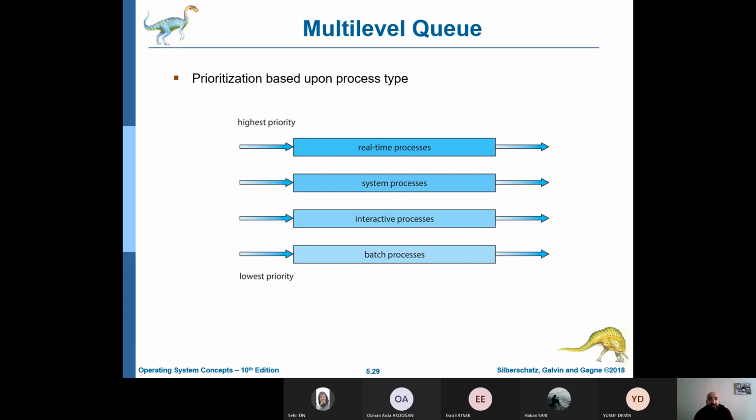A multi-level queue scheduling algorithm can also be used to partition processes into several separate queues based on the process type. Not only the priority, we can also use process types for that. For example, a common division is made between foreground or interactive processes and background or batch processes.